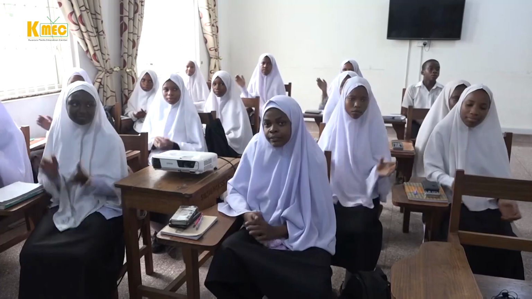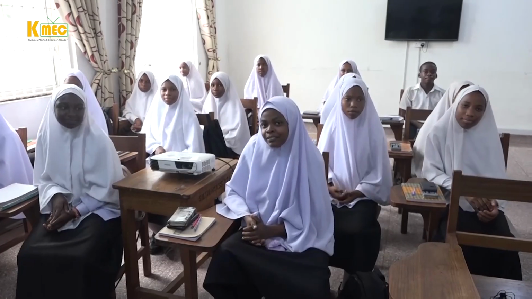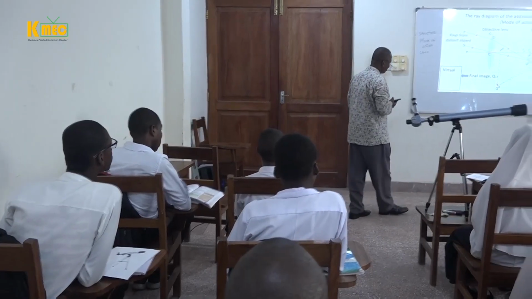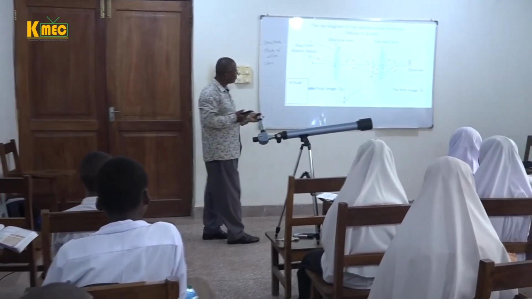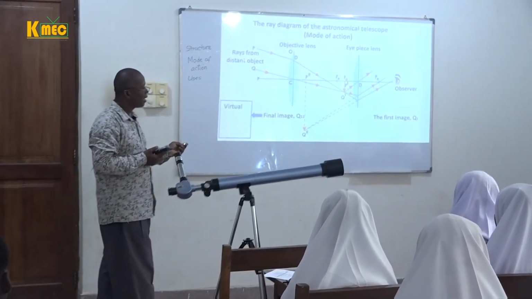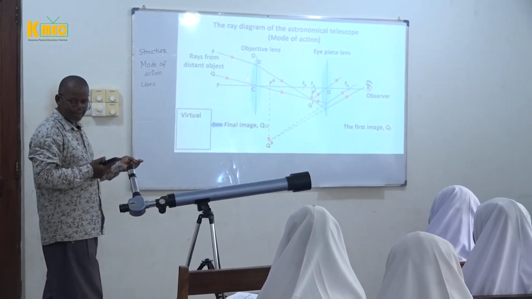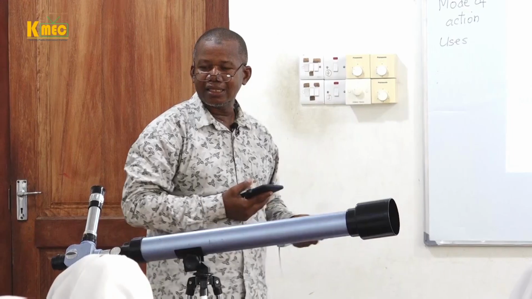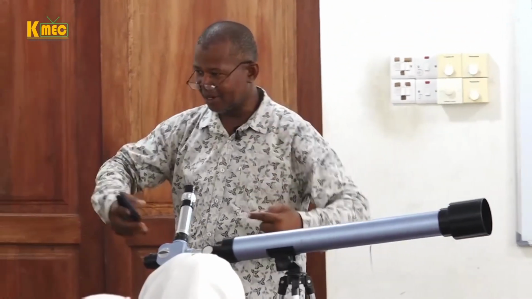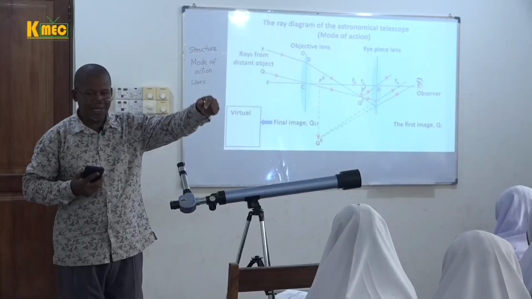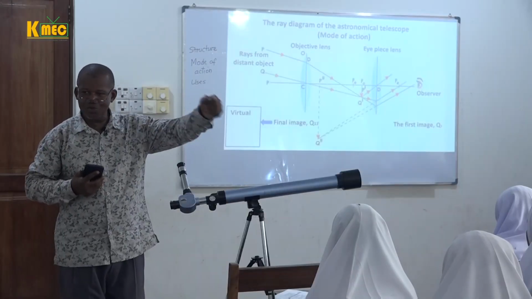Okay, clap for him, please. This image is called virtual because it's found behind the lens. That is just the same as a plain mirror in your dressing table. You can see the image inside the plain mirror. That is called a virtual image, right? Are you clear? Yes.